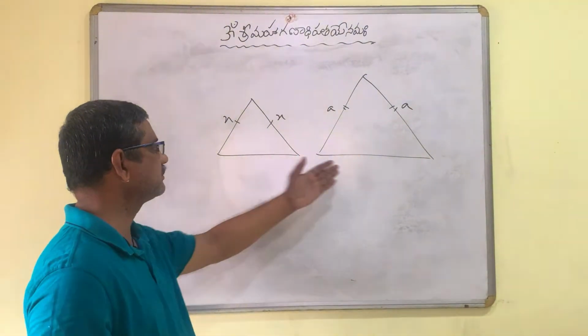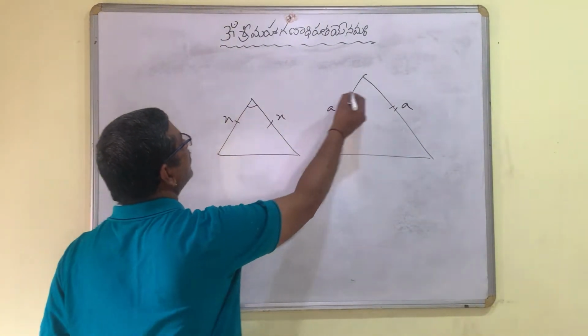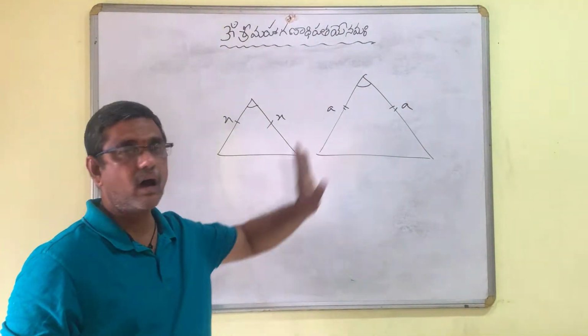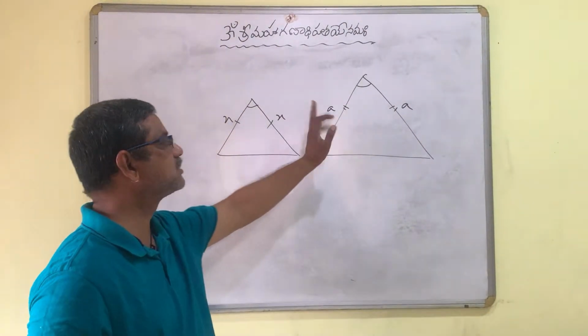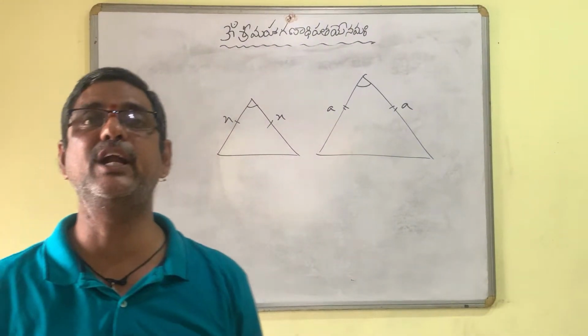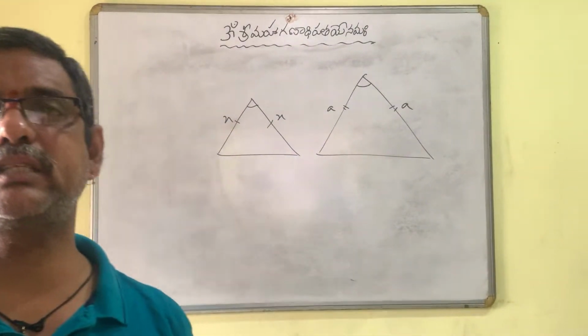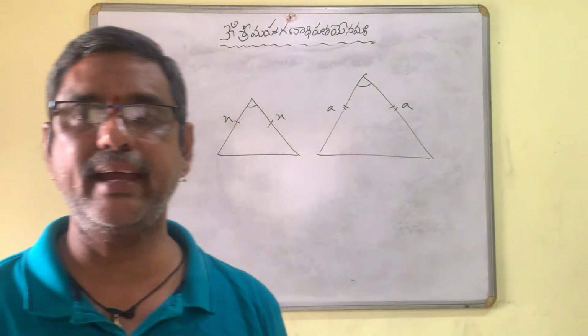We don't know the ratios of the other sides. But if this angle equals this angle, or the ratio of these two sides equals the ratio of these two sides, then they are similar. Conditions apply. You cannot say that two isosceles triangles are always similar.